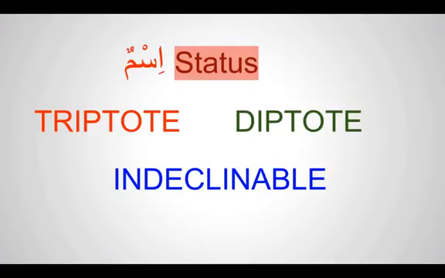So what are these called in Arabic? Diptote is called mamnu minas sarf, which means prohibited from declining. And indeclinable is called mabni. Mabni means built, like a jamid, which doesn't shake; they're fixed.